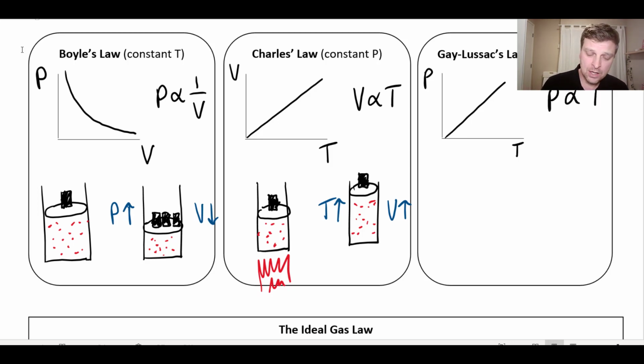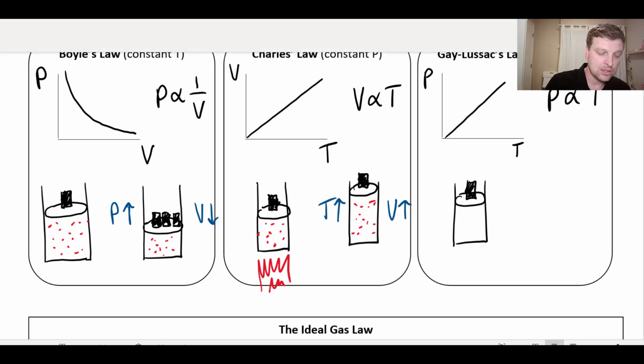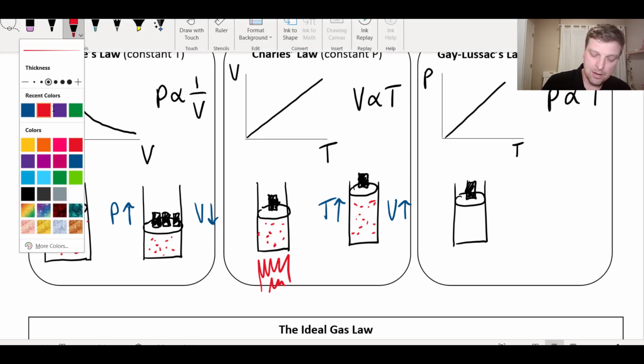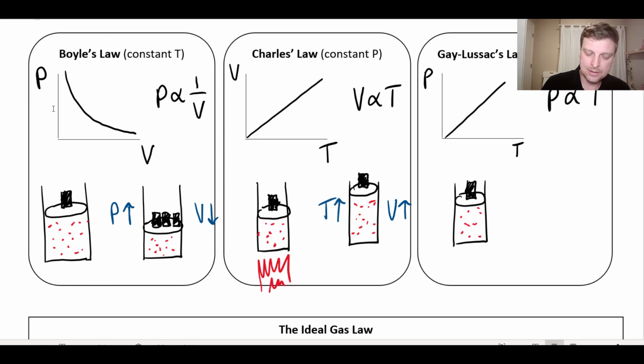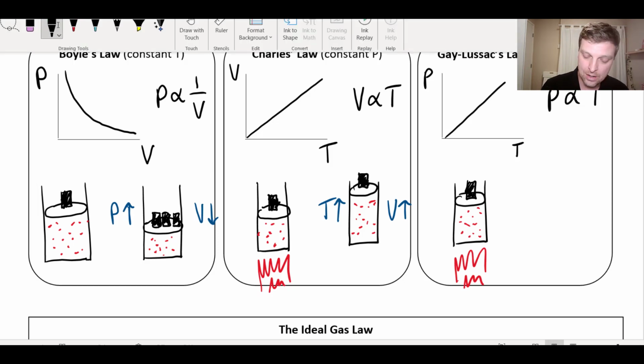And we can picture this like a piston, okay? So imagine, again, I've got a piston and it's sitting because I've got a mass sitting on it. And so the particles are just bouncing around and keeping that mass suspended in the air. But if I add heat, if I put it under a fire, and I don't want that piston to rise, if I want it to stay in the same spot, I'm going to have to add more weight on top.